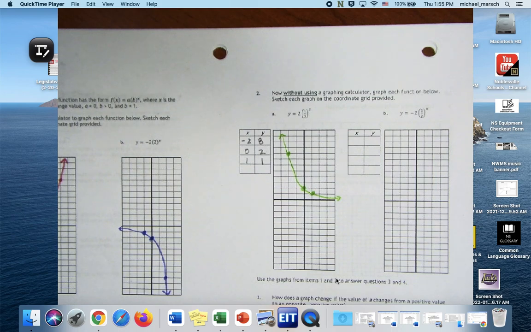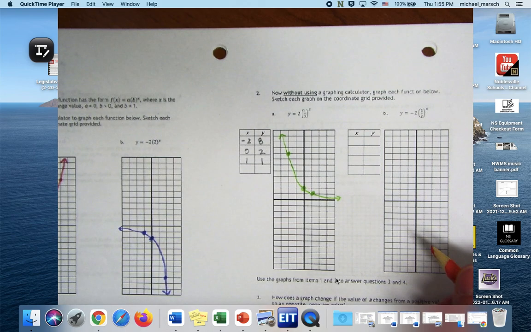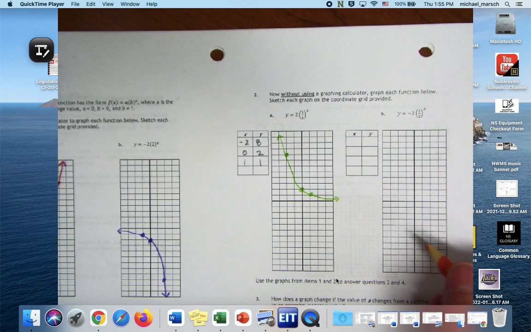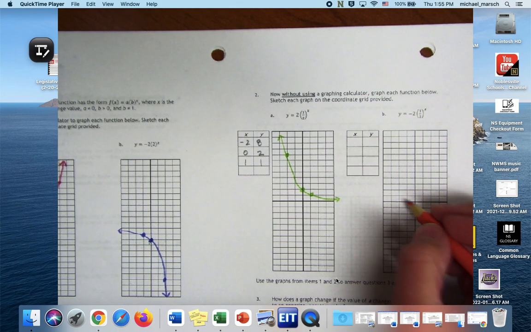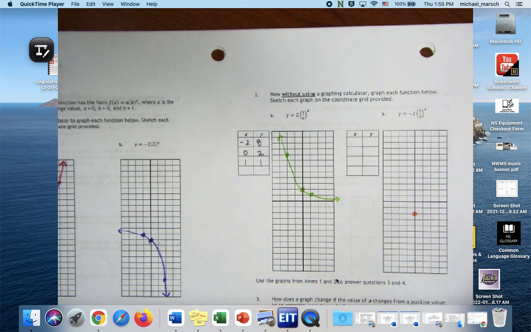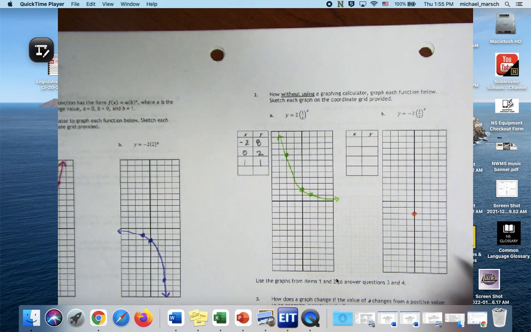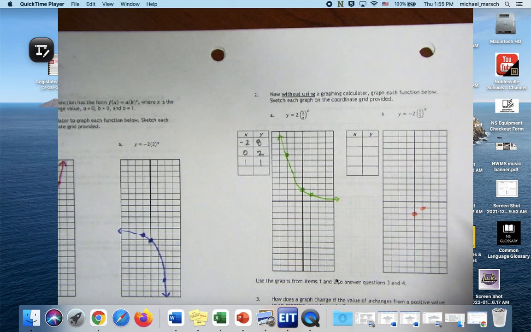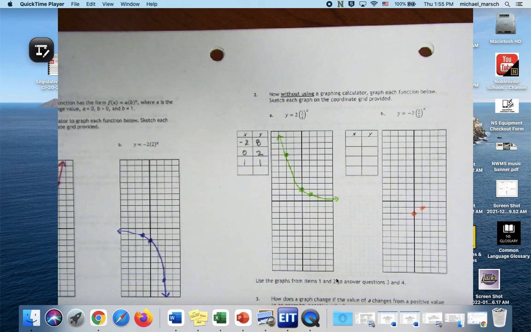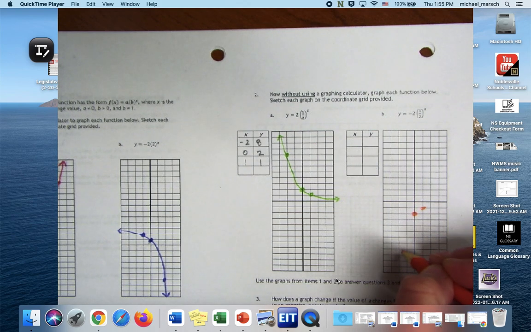So then when I go to my graph, I'm going to use orange for this one. I've got 0, -2, 1, -1, and 2, or excuse me, -2, -8.